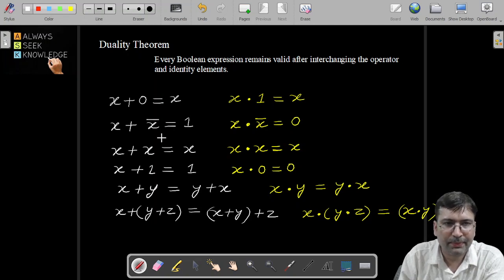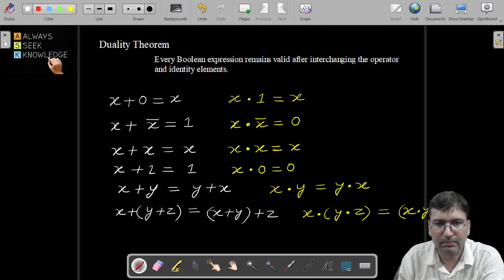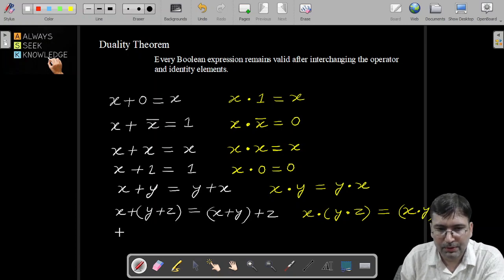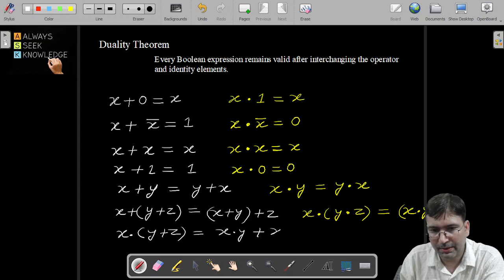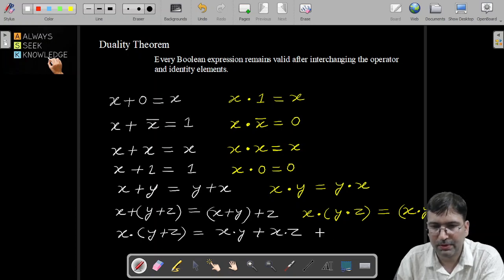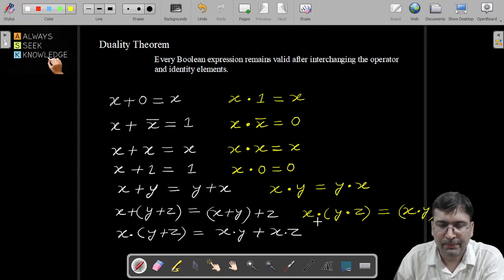Let's say we take the distributive property. If I write x dot (y or z), we can write it as (x dot y) or (x dot z), right?